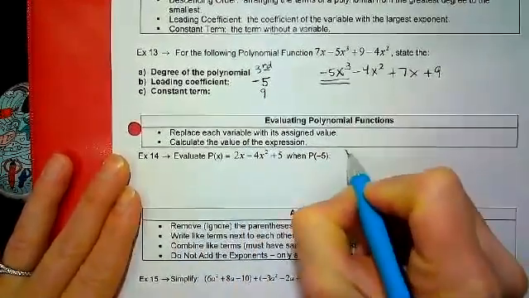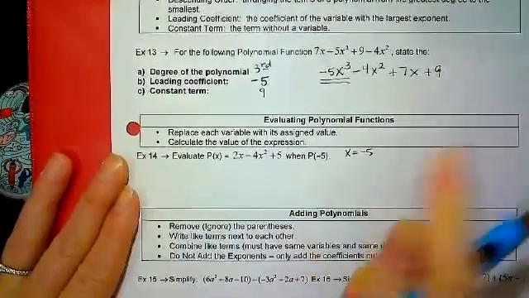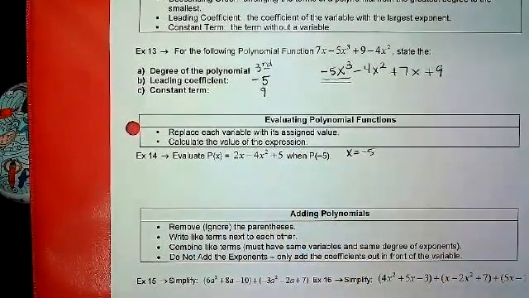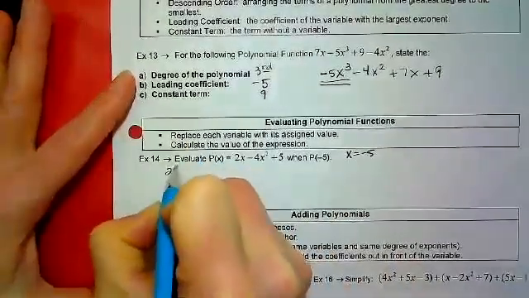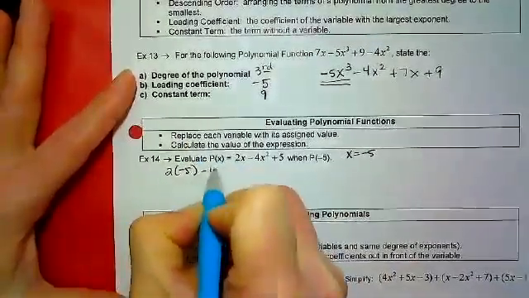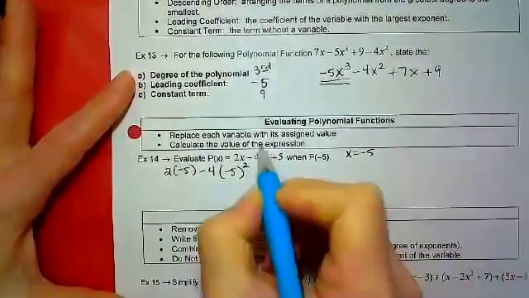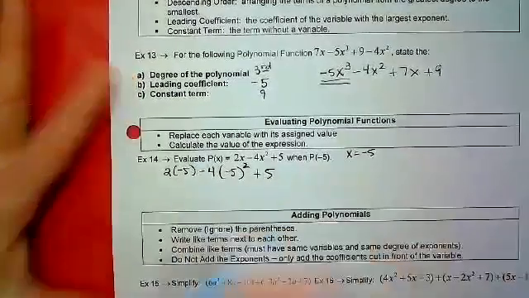That's just a fancy way of saying x equals the -5. You're going to plug that in for the x, or whatever the variable is in the problem, and simplify. So let's do that. We have 2 times a -5 minus 4 times a -5 squared. So be careful of that, plus 5.